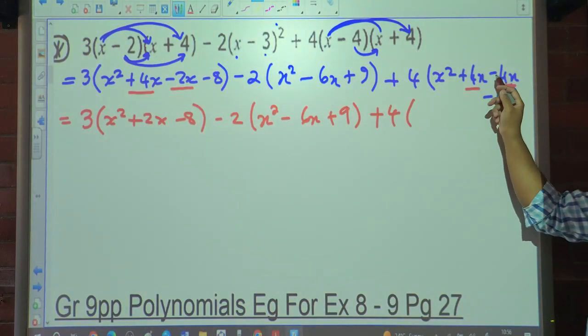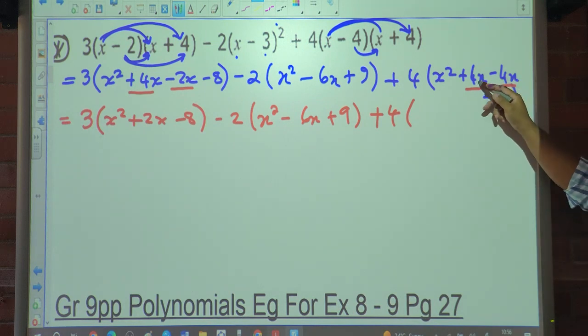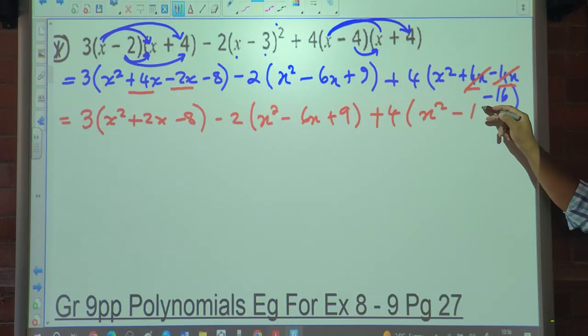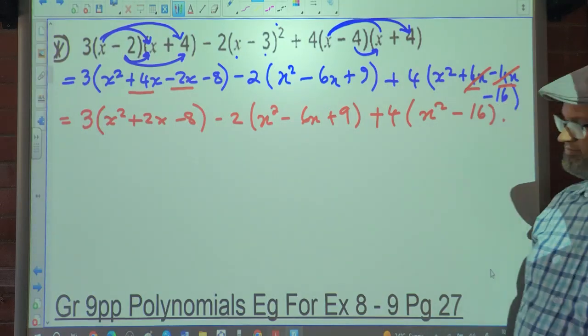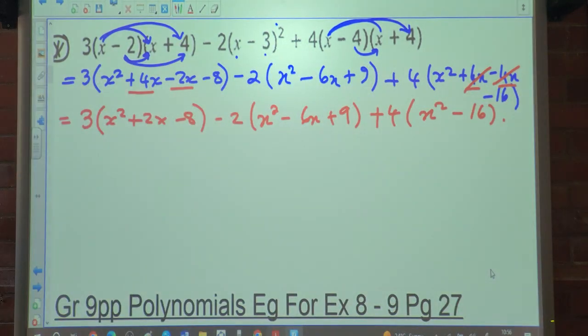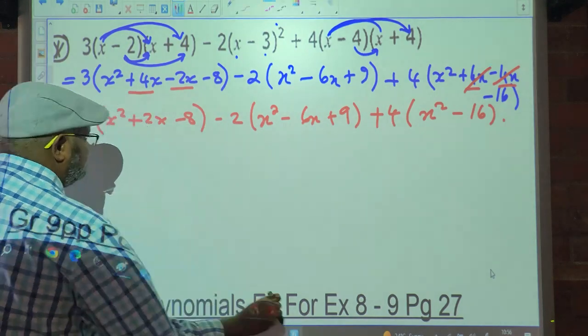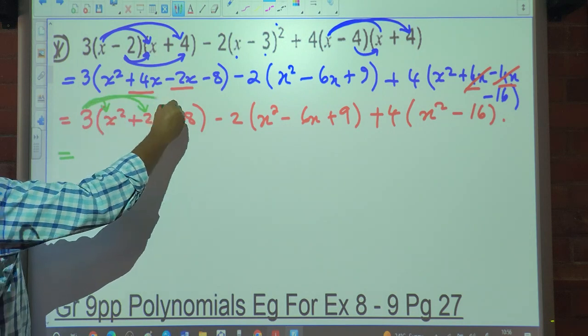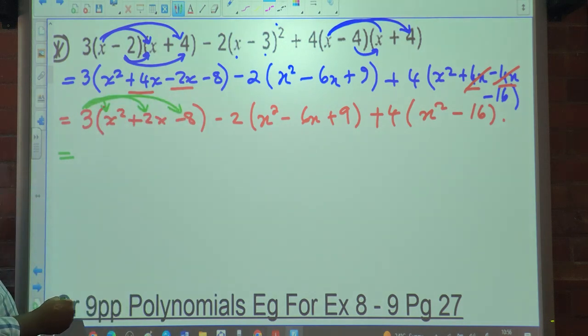What's minus 4x plus 4x? 0, so that cancels. So I'm left with x squared minus 16. Now what do we do? Distributive law. So 3 times x squared, 3 times 2x, 3 times minus 8.